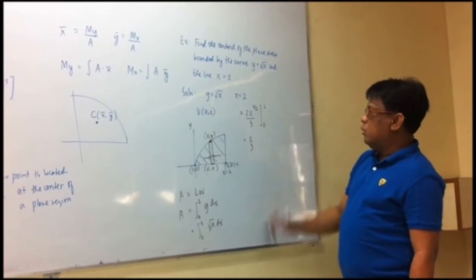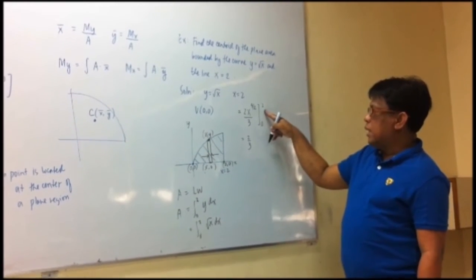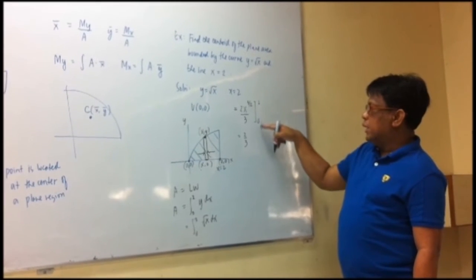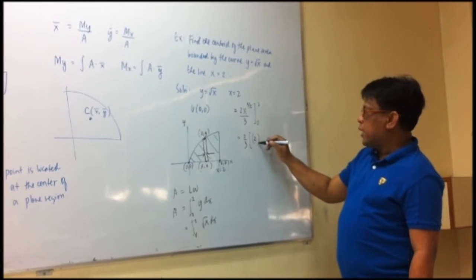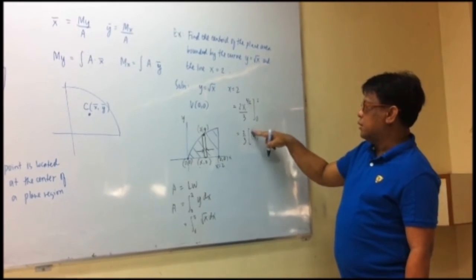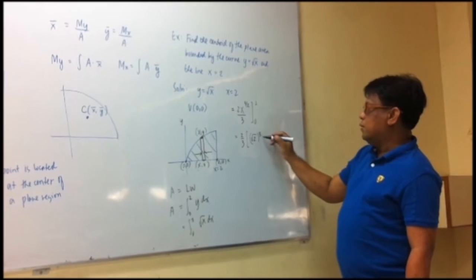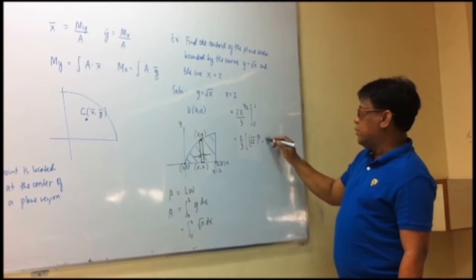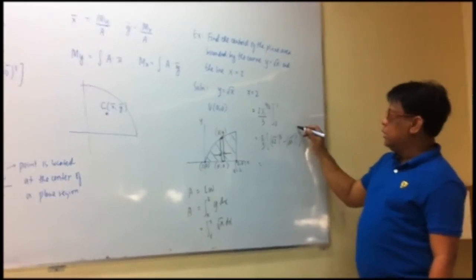Then, to define the value of the area, we replace x by 2 and 0. So we have 2/3 times square root of 2 raised to 3, then minus square root of 0 raised to 3. Of course the other term will be 0.